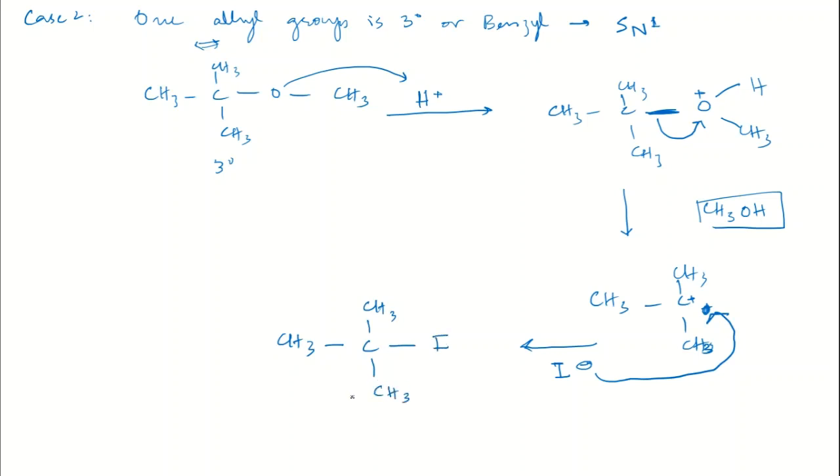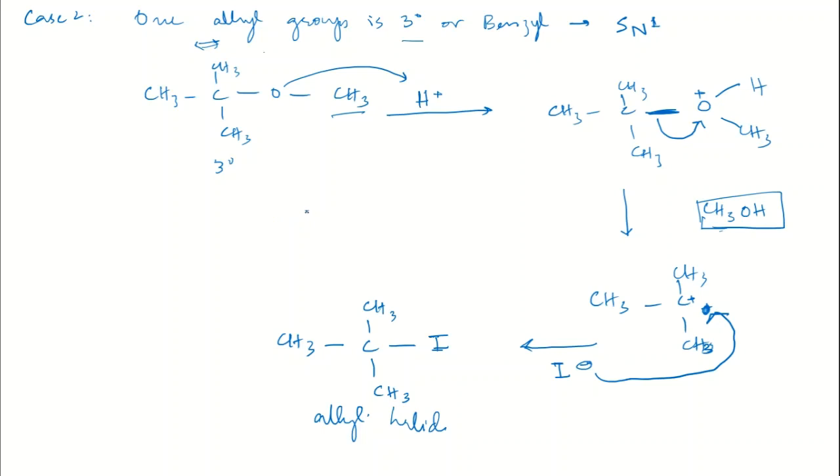This is the product in the reaction. So we have obtained this tertiary alkyl halide and methanol as the products in this reaction. So in this case, one of the alkyl groups is tertiary and another is the primary one.